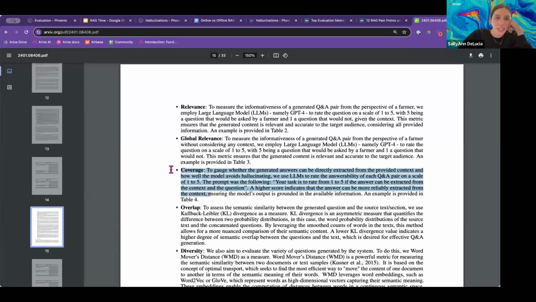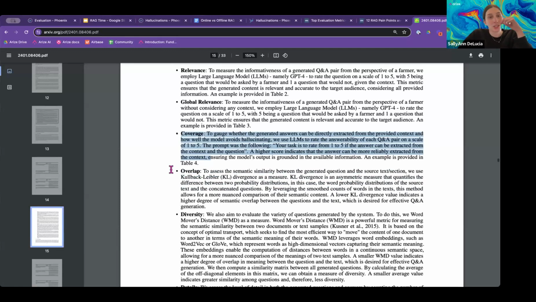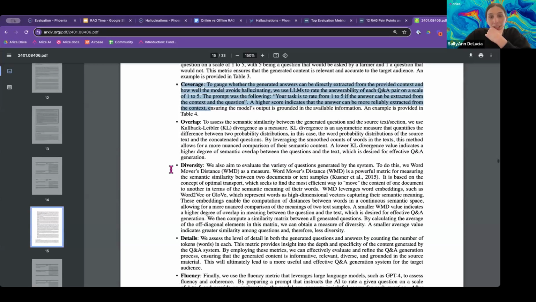The other thing that I thought was interesting, or there are two that were really interesting to me. Overlap was an eval that I thought was super interesting, and I recognize that metric, KL divergence. That's one that we support. It's a drift metric, because that's how I usually think about it. What they did here was compare the overlap between the questions and the context, which I thought was an interesting application of KL divergence.